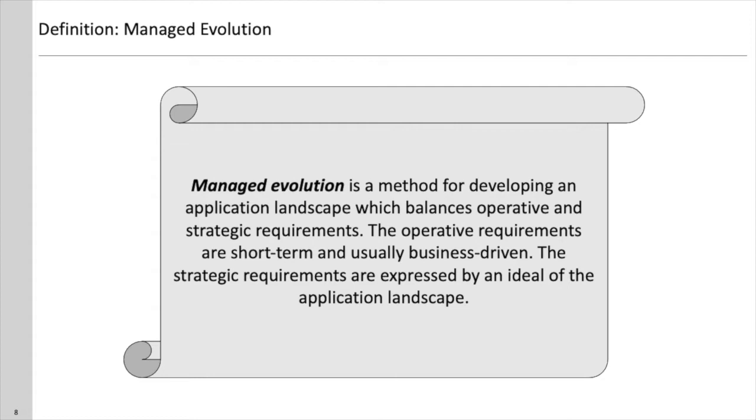Grabbing these ideas together, managed evolution is a method for developing an application landscape which balances operative and strategic requirements. The operative requirements are short-term and usually business-driven, and the strategic requirements are expressed by the ideal of the application landscape.